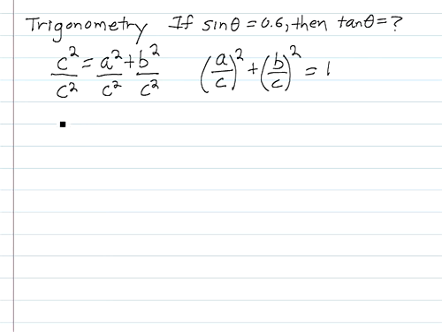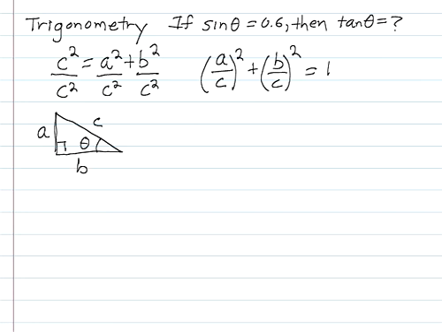So if you look at the triangle, which corresponds to this equation, the hypotenuse is c. And if I put the angle in there somewhere, I'll say the opposite side is a, and the adjacent side is b.